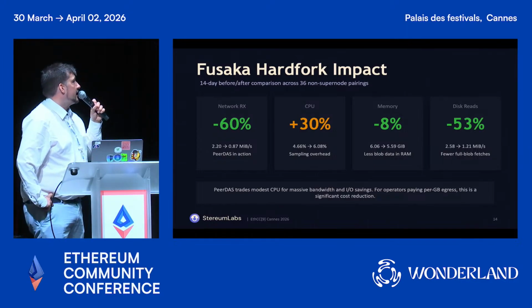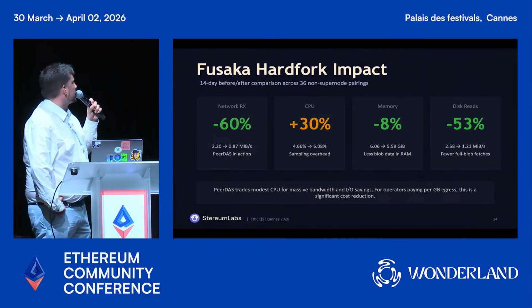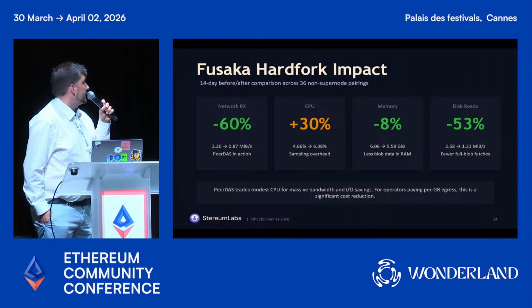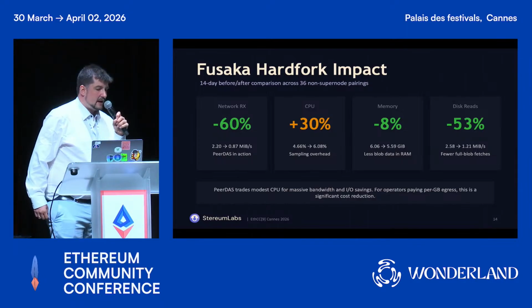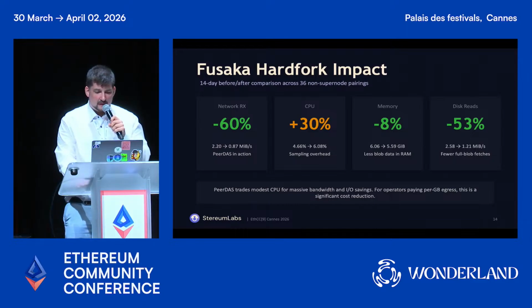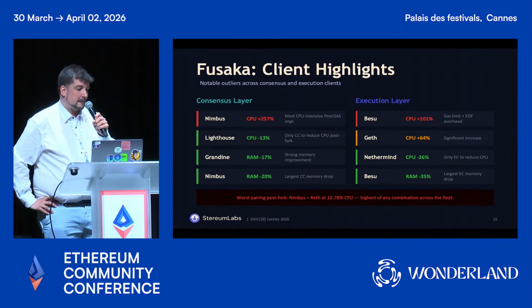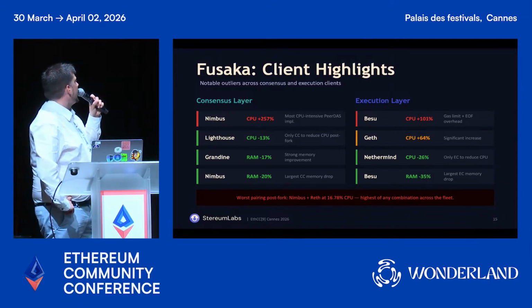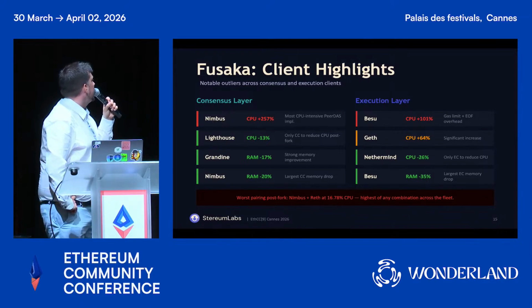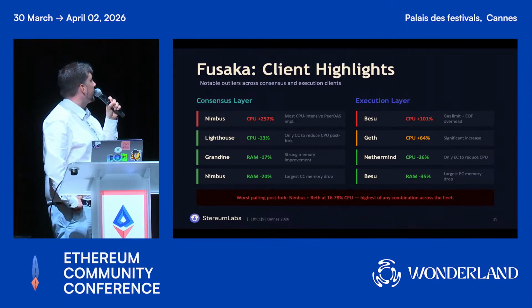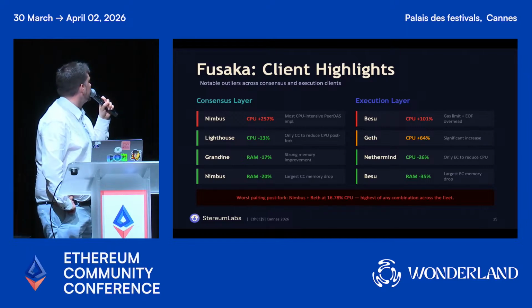So what we could say, on average overall, is that PeerDAS trades a modest CPU increase for massive bandwidth and I/O savings. So I think we can see this is a very significant cost reduction. Of course, this is on non-supernode pairings, as that's the only thing we could compare. Here are some highlights, maybe for the consensus layer. Nimbus is currently the most CPU-intensive PeerDAS implementation.